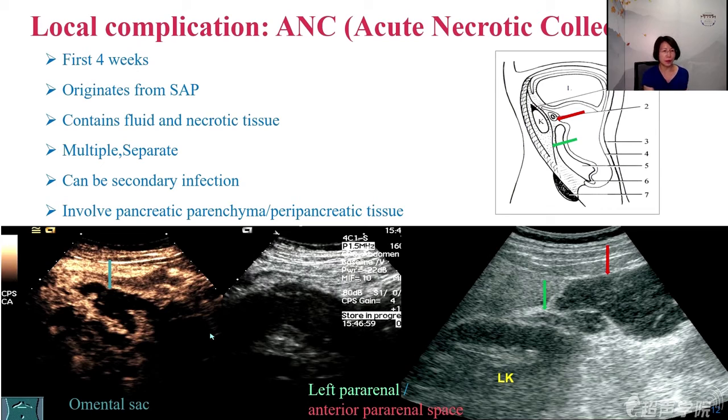It can be multiple, and it can be separate, and it also can have secondary infection. The left image shows you the ANC in omental sac. The right image shows you the ANC in perirenal space. The green arrow indicates the left perirenal space, and the red arrow indicates left anterior perirenal space.